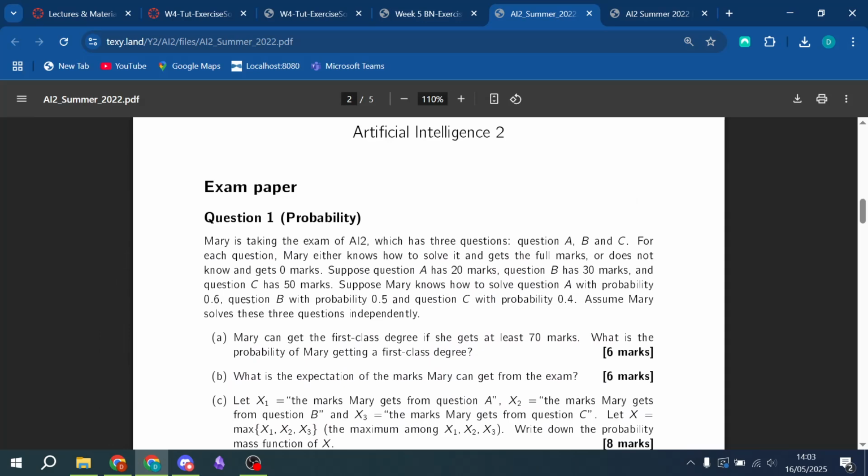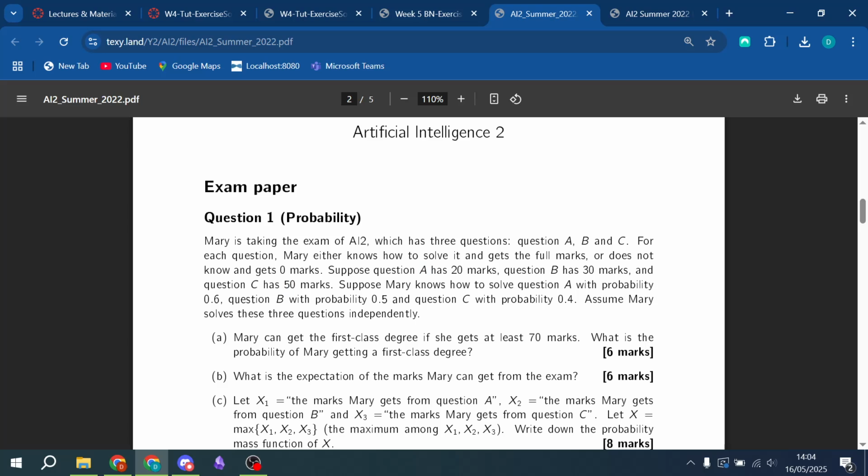So basically, Mary's taking the exam, and there are 3 questions, and she either gets full marks on a question or gets nothing. Question A has 20, B has 30, and C has 50 marks, so a total of 100 marks.